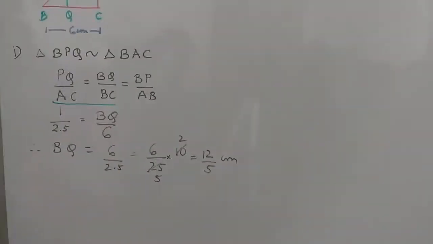So first of all I take only these first and second ratios, so from that I can find the BQ value. So now BQ is equal to 6 upon 2.5 by taking it cross, and then solve accordingly. So 6 upon 25 by 10, the 10 I take up, 5 5s are and 5 2s are, 6 2s are 12 by 5 centimeter, and 12 by 5 you can calculate in decimal also accordingly.